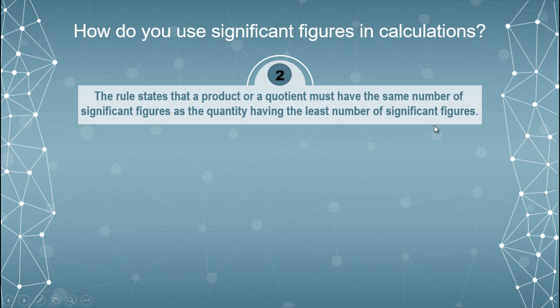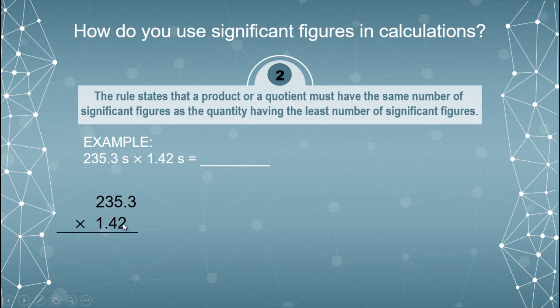Let's look at an example to see it better. For example, we have 235.3 seconds times 1.42 seconds. When you write it in vertical form, there is no need to arrange or align the decimal points, since in multiplication we just distribute each digit to every digit of the other factor.